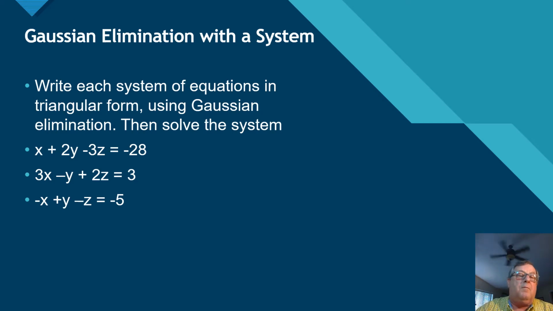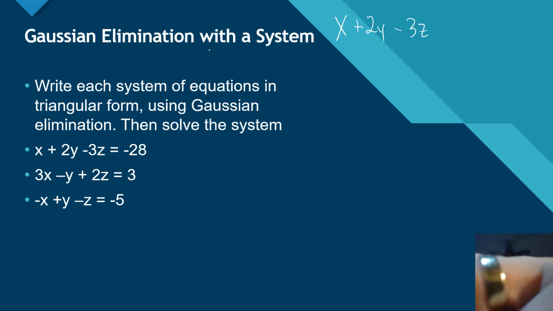And we're going to start by reordering these. This becomes important once we start getting into augmented matrix and row echelon form and such as this. But we've had some experience solving systems of three equations and three variables before, and we may or may not have reordered these, but we're going to do so here. So I'm going to keep the first equation in place: x plus 2y minus 3z equals negative 28.